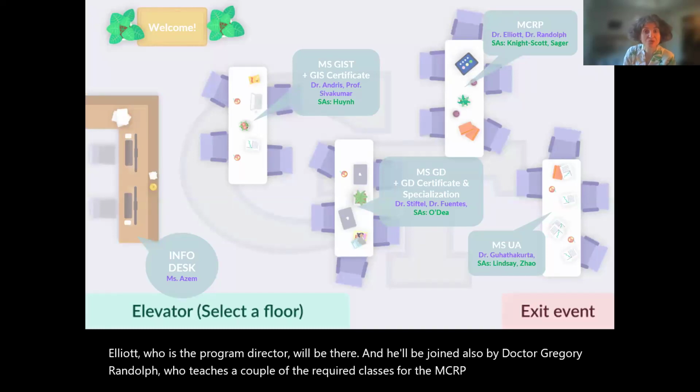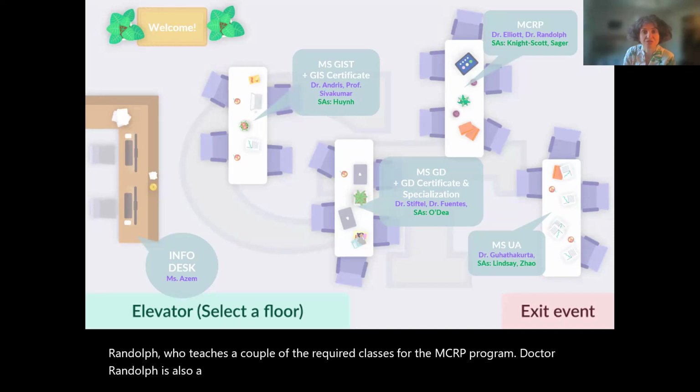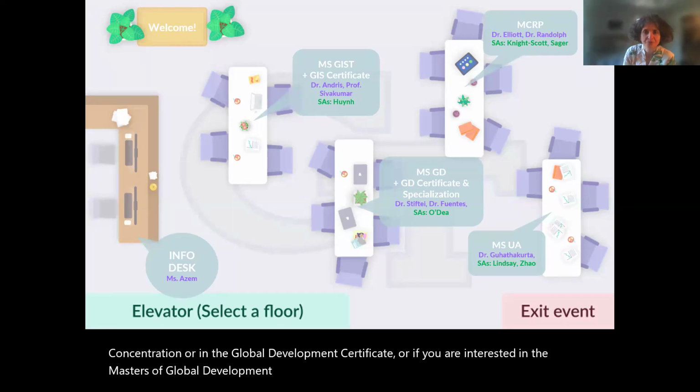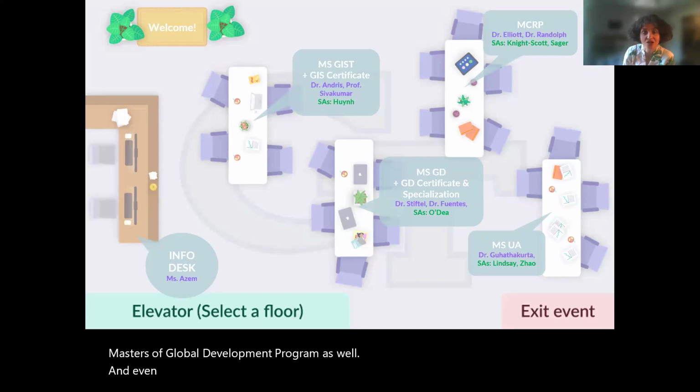Dr. Randolph is also a good person to talk to if you're interested in the global development concentration or the global development certificate, or if you are interested in the Masters of Global Development program as well. And Ethan Knight Scott and Scott Sager, two of our student ambassadors, will be at that table too.